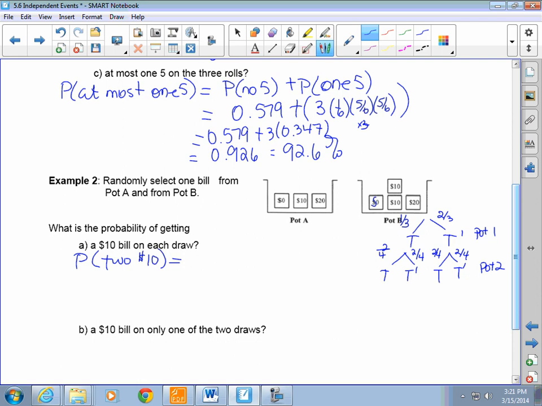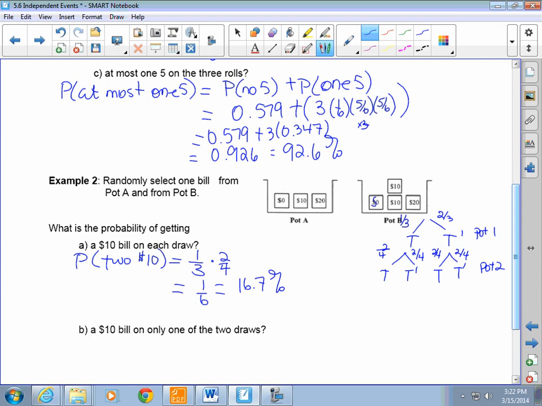So probability of getting a 10 on the first was 1/3, and the probability of getting a 10 on the second was 2 over 4, or 1/2. So that is 1 over 6, which works to 16.7%. So you've got a 16.7% chance of drawing 2 10s.